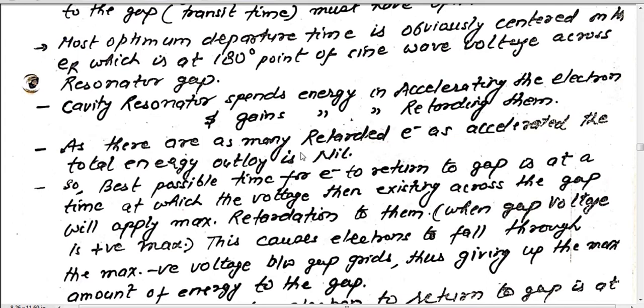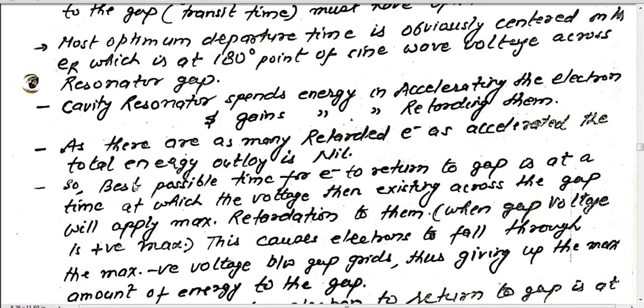As there are as many retarded electrons as accelerated, the total energy outlay is nil. Means the number of electrons which were accelerated on their forward journey, and the number of electrons which are coming back on their back journey, they are the same, so the total energy is nil.